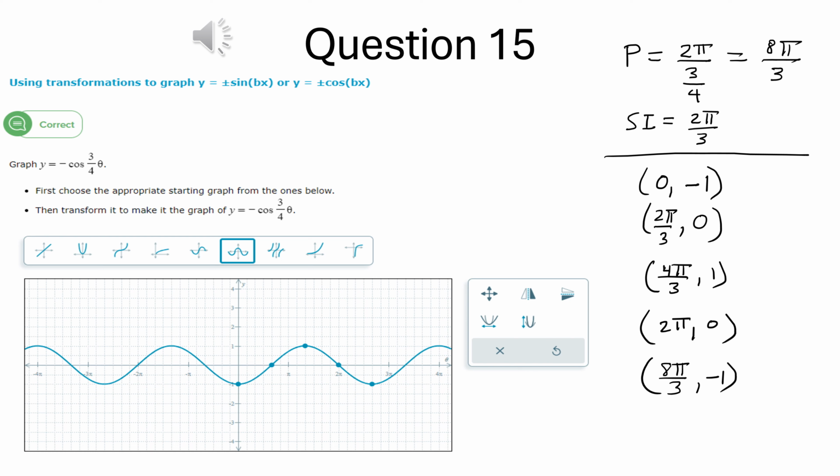And finally, 2 pi plus 2 pi over 3 is 6 plus 2, no? Is 8 pi over 3, gets the period, and we finish. And 8 pi over 3, -1, is the last point.